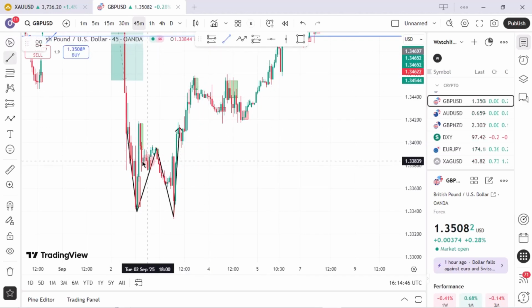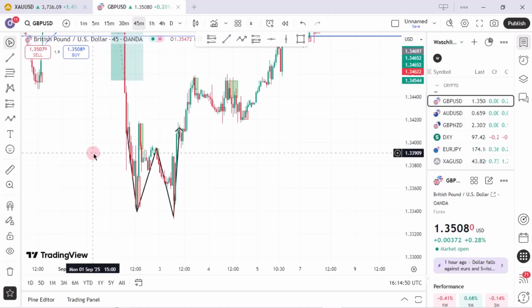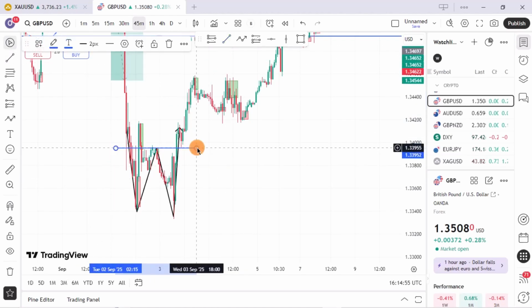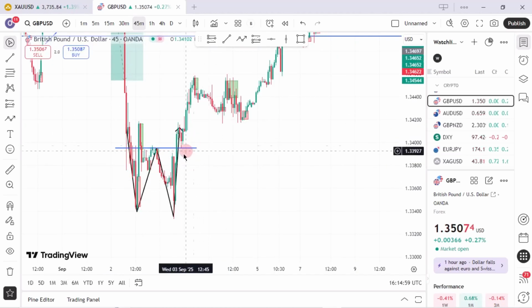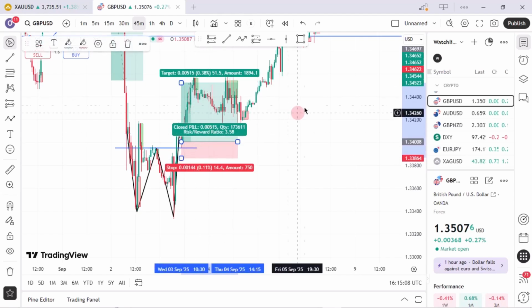When it breaks the neck, you know it's going to reverse. So once it breaks the neck, you just put your entry there. That is how we get pips every day, back to back. Put your entry there, stop loss below the neck, and then your TP wherever you want.